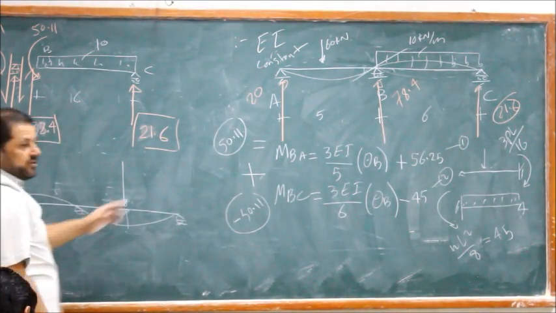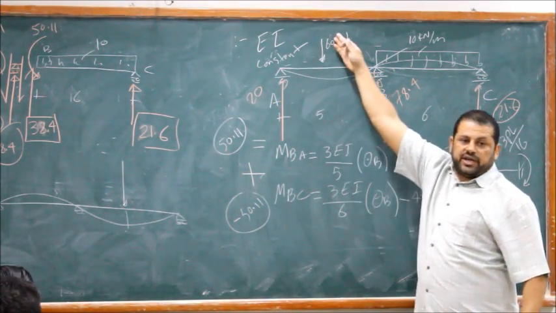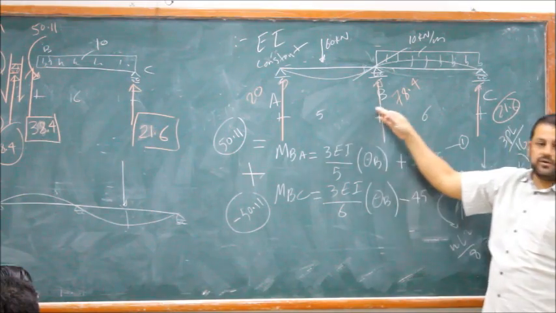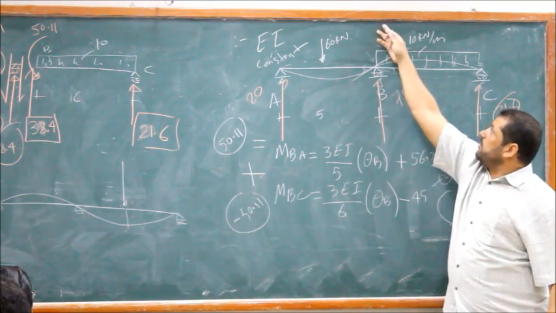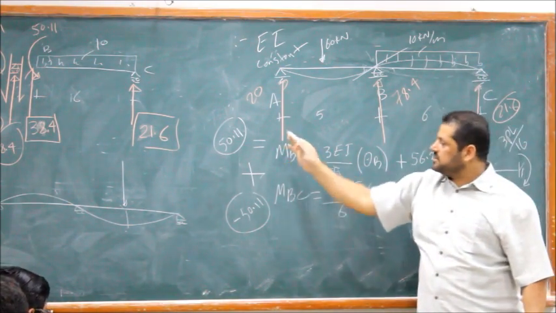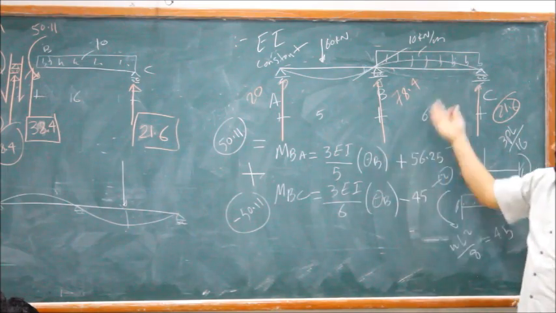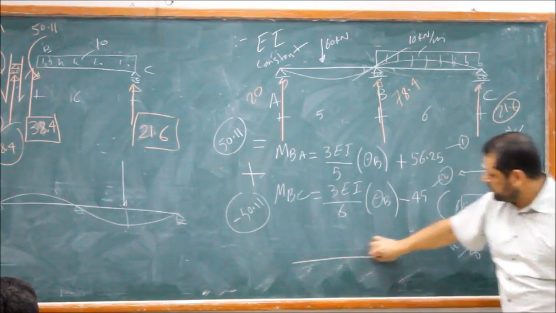And you can easily draw the shear diagram. The shear diagram will be 20, no change, minus 40, no change. Go to the reaction 78.4, then go down here to 20.6, then go here. Then the moment will be 0 here, positive area, negative area. So this is what you have for the moment.